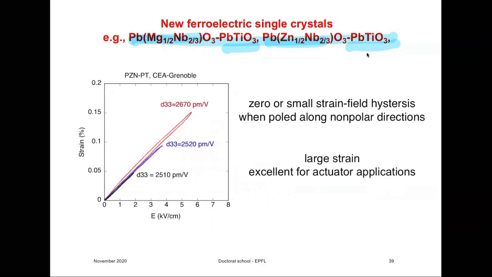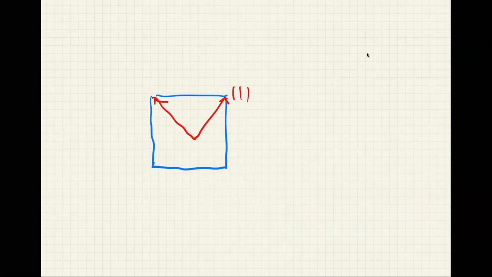So you would have this situation in which you have a rhombohedral material where polarization is along the 1,1,1 pseudo-cubic directions, and you apply a field like this along the 0,0,1 pseudo-cubic direction, so away from polarization.